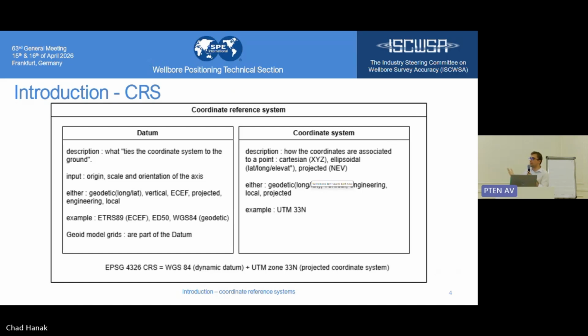And you have also the ECEF, Earth-centered, Earth-fixed reference systems, defined by a central point, often the center of gravity of the Earth, and an X, Y, Z coordinate system. So, for instance, the EPSG 4326 is a composition of both objects.